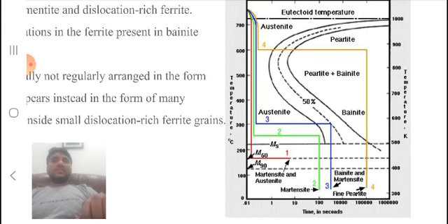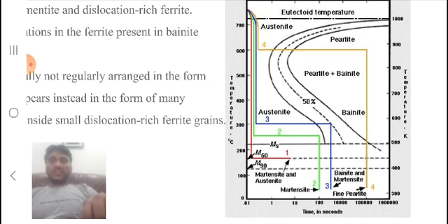This is very obvious. 100% transformation of austenite into martensite is impossible because the outer surface of the hypoeutectoid steel gets the cooling effect more than the inside or the core part, so the core section is not quenched.